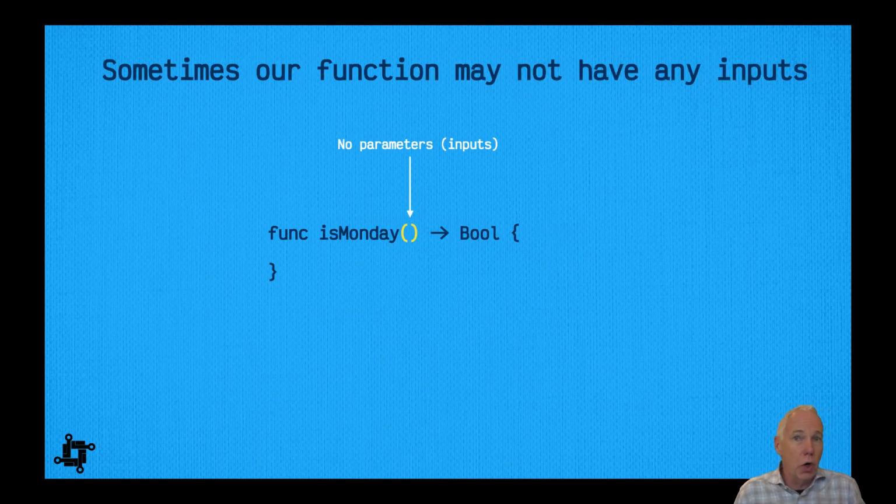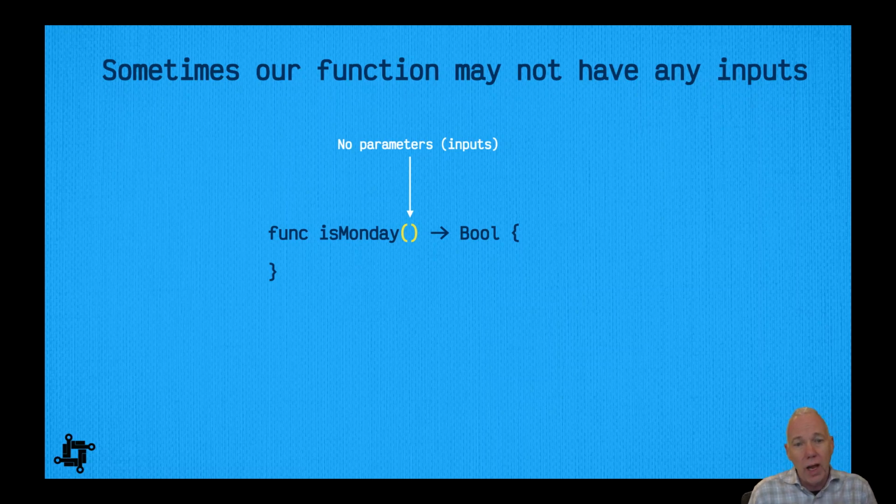Additionally, functions don't have to have inputs. It is possible that this function runs and doesn't need anything to do what it needs to do. So in this case, for example, we have a function that returns a Boolean, which we'll cover in a second, but we can say the name is Monday, sort of like asking a question, and we don't really give it any input. It doesn't need any input to answer that question.